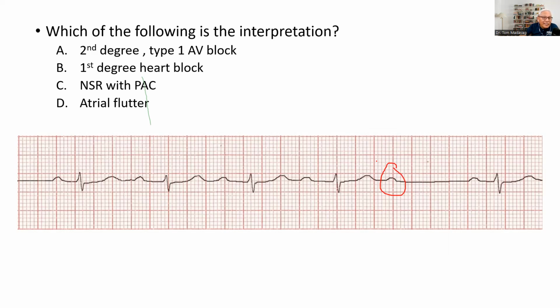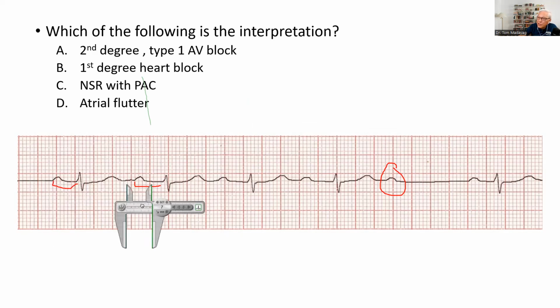And we said that anytime we have a block, we should always look at the characteristics of the PR interval. When you look at this PR interval and this PR interval, we notice that it is gradually prolonging. So let me illustrate that again.